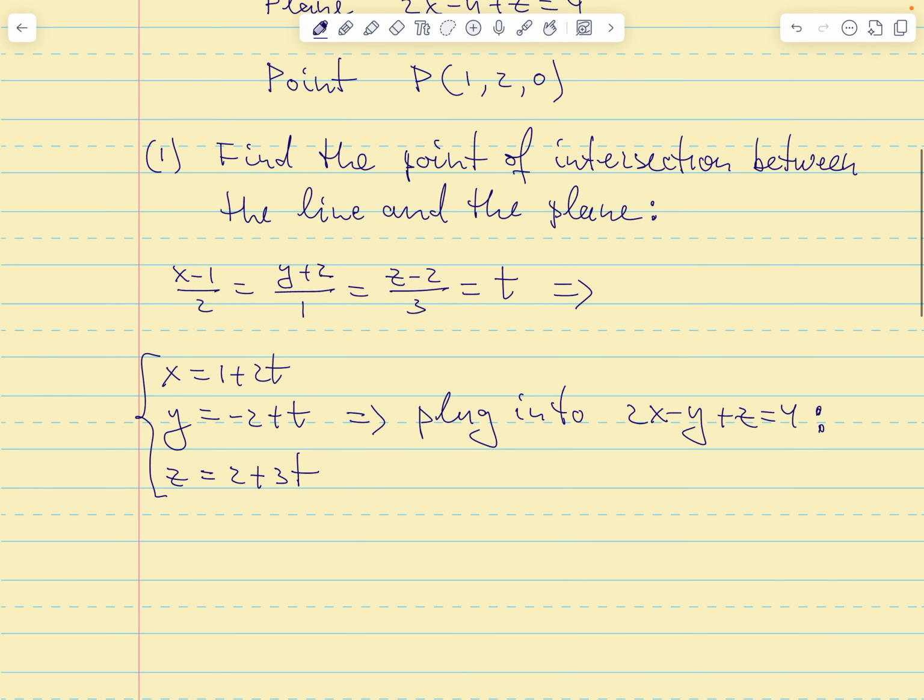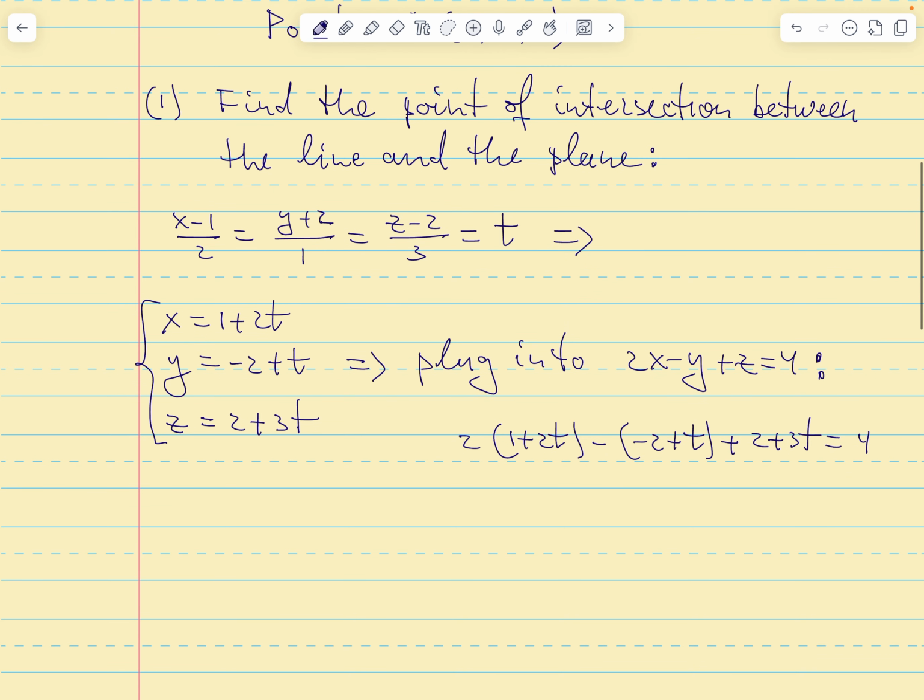So that is 2 times (1 plus 2t) minus (minus 2 plus t) plus (2 plus 3t) equal to 4. And so now I need to solve for t, so distributing, 2 plus 4t plus 2 minus t plus 2 plus 3t equal to 4.